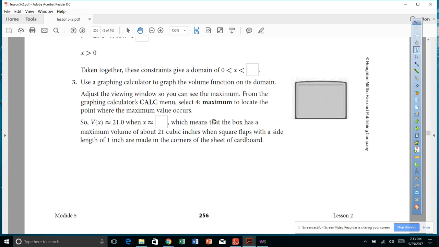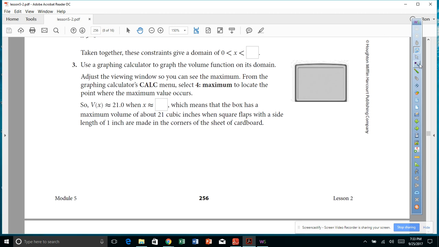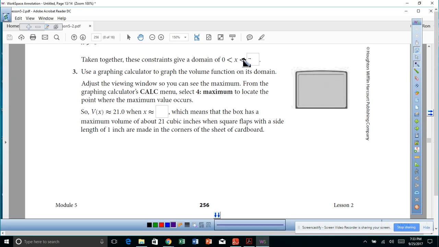Taken together, these constraints give a domain of 0 is less than x is less than 2.5. Okay, because 2.5 is less than 4.5.